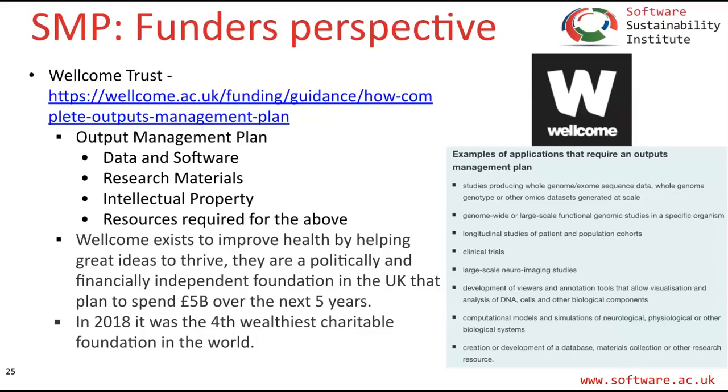And also the resources required for the above, if there are repositories or other resources that are required to achieve those results. You can see they're quite focused on different aspects of health and biology, and genomics and clinical trials and computational modeling.